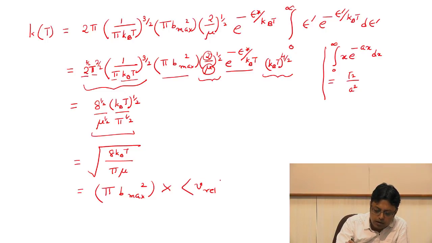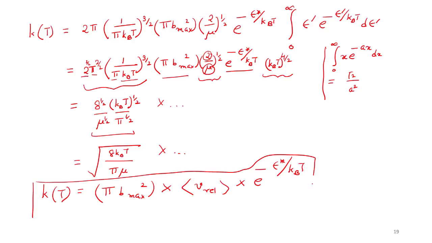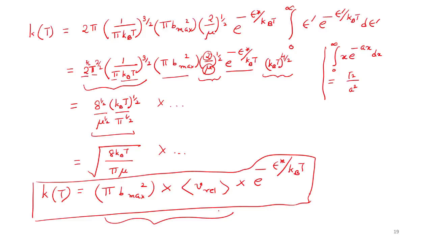I did not write all the other terms, and times I'll have e to the power minus epsilon star by kBT. So now this is a modified expression for the rate constant, and we see the beauty here. The earlier expression had only this part, pi b max squared into v relative, and now we actually have e to the power minus epsilon star by kBT.